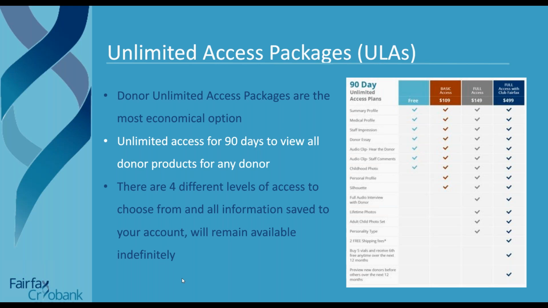So the benefit of being Club Fairfax is you'll receive all the full access plus 2 free shipping. So right there is a huge saving because normally each shipping is approximately $290 to $360 each. So that's just for each shipment. Over the next 12 months, if you buy 5 files, you can get the 6th free.